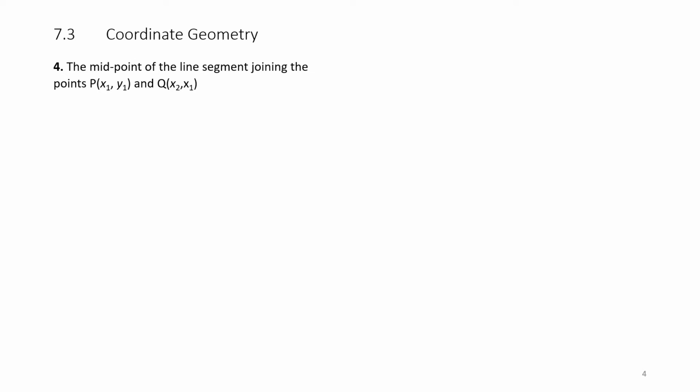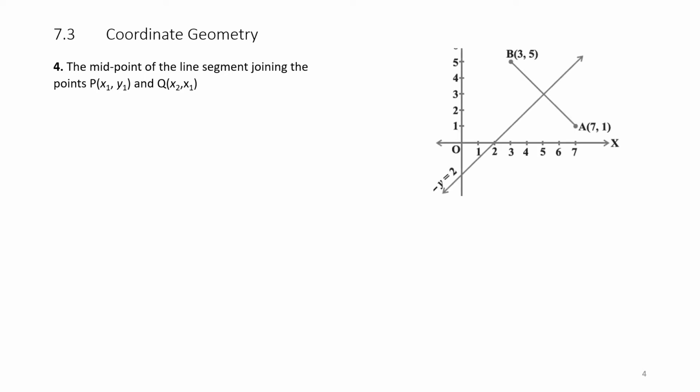Now let us take up some problems. The midpoint of the line segment joining points P(x1, y1) and Q(x2, y2): here we have to find out the midpoint. It is given by (x1 plus x2) divided by 2 comma (y1 plus y2) divided by 2.